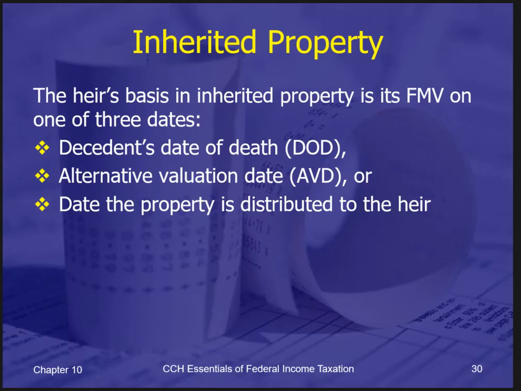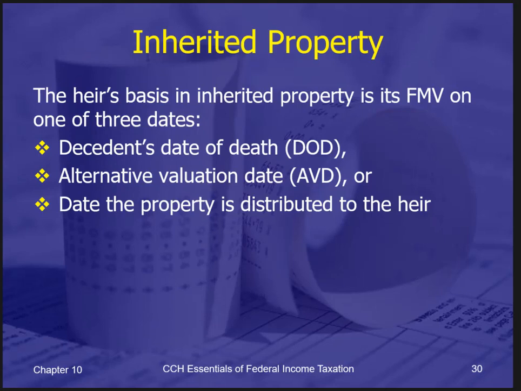Inherited property, a little more complicated. So somebody died, and you inherit. The will leaves property to you. Okay, so that basis to you that inherited is the fair market value on one of those 3 dates. Okay, so it gets adjusted in basis.